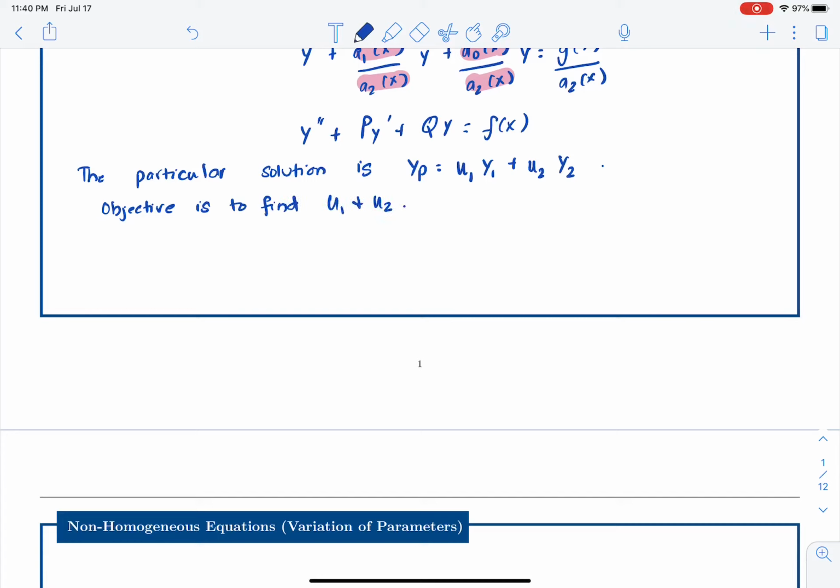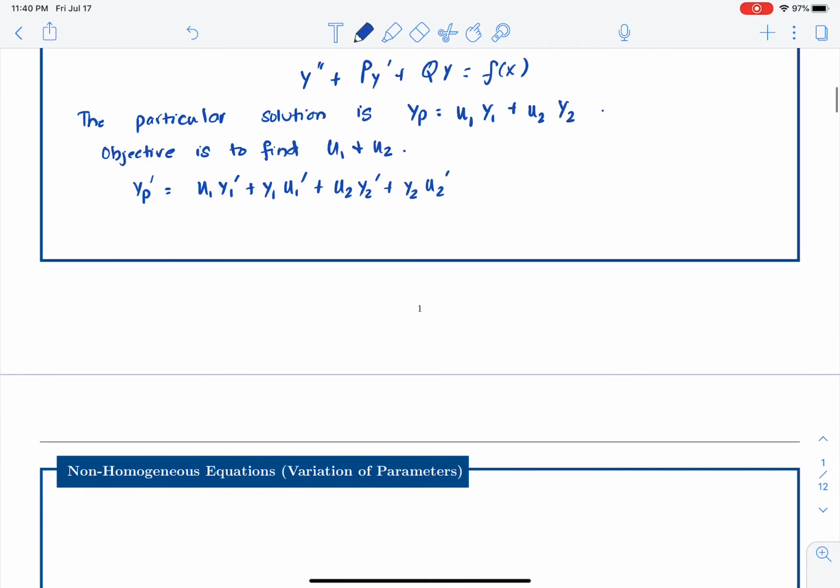So how do we go about doing this? Well, the particular solution is going to satisfy the DE. So let us find yp prime. We have to use product rule here, so u1 y1 prime plus y1 u1 prime plus u2 y2 prime plus y2 u2 prime. That's the first derivative. The second derivative is going to get lengthy.